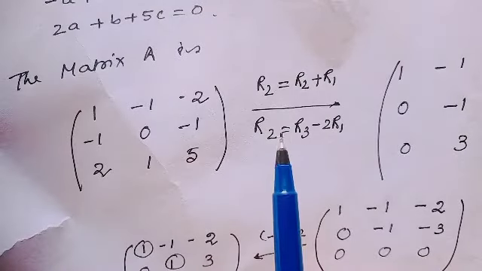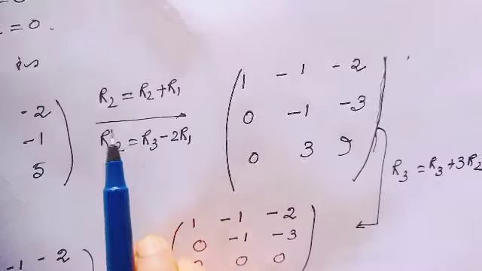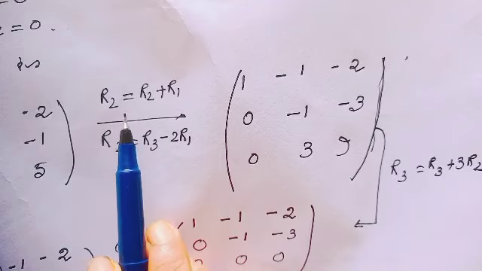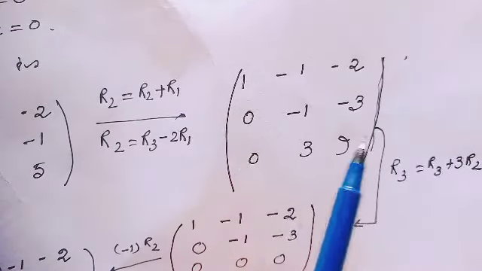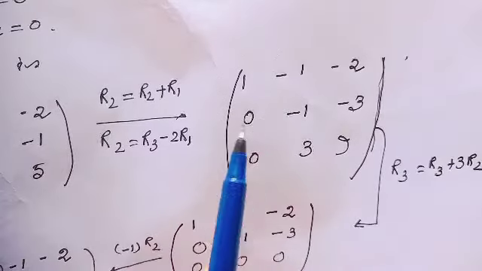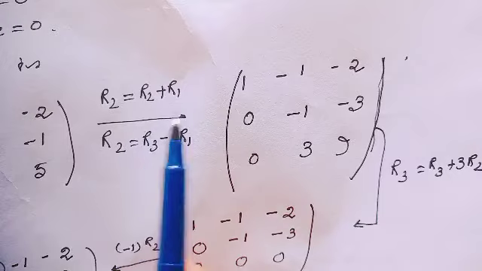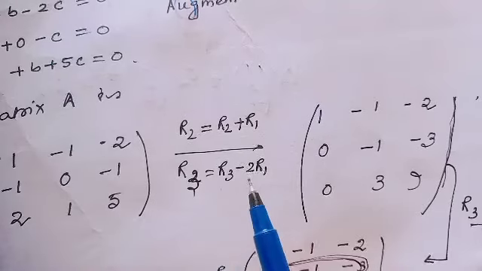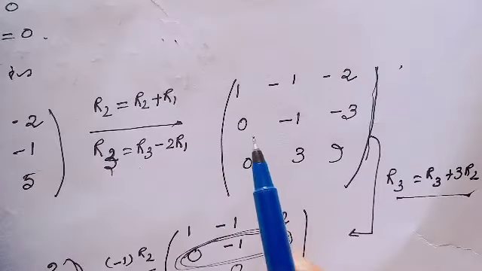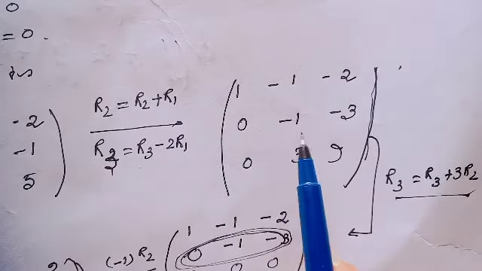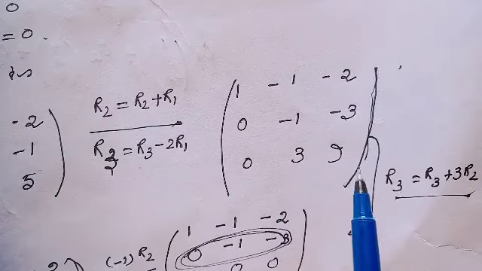Now we apply row reduction. Our operations at first: R2 is replaced by R2 plus R1, and R3 is replaced by R3 minus 2R1. Then notice here the vector 0, -1, -3 and here the vector 0, 3, 9.